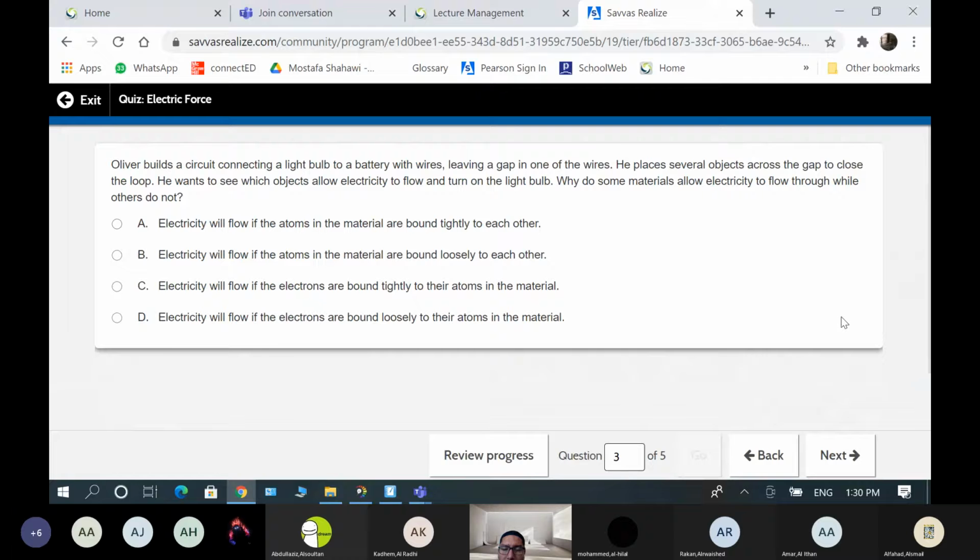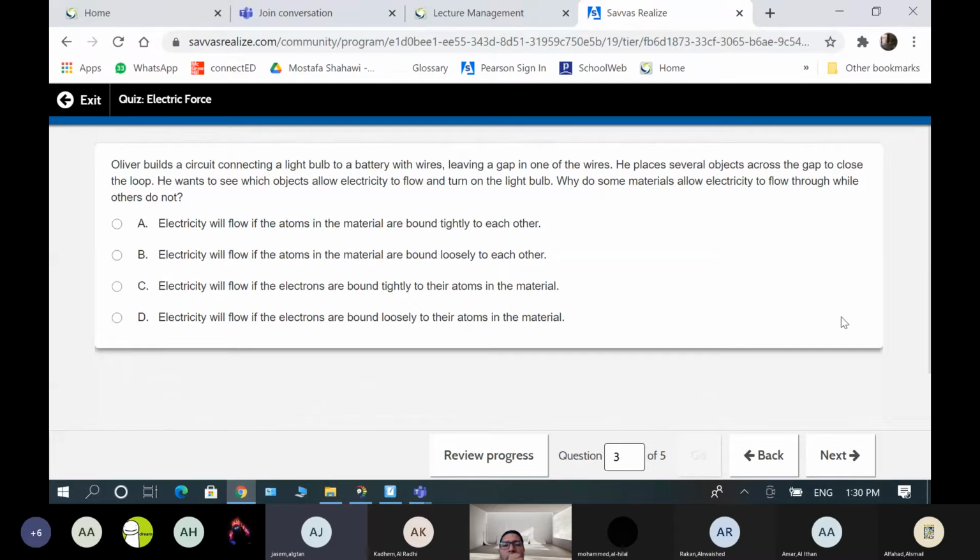Read this one, Jason. A player builds a circuit connecting a light bulb to a battery with wires, leaving a gap in one of the wires. He places several objects across the gap to close the loop.